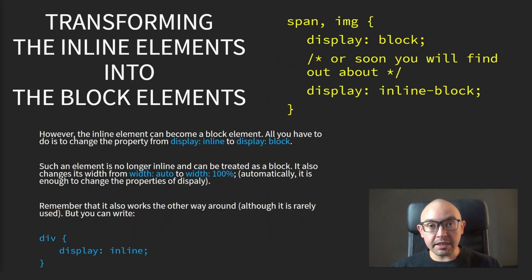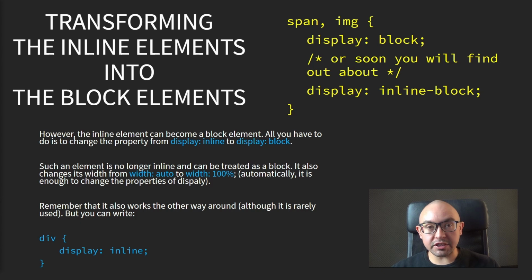However, the inline element can become a block element. All you have to do is to change the property from display inline to display block. Such an element is no longer inline and can be treated as a block. It also changes its width from auto to 100%. Remember that it also works the other way around, although it is barely used.